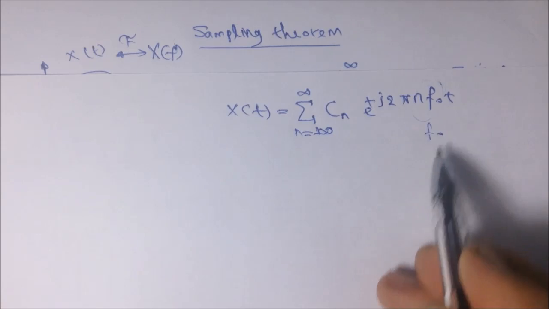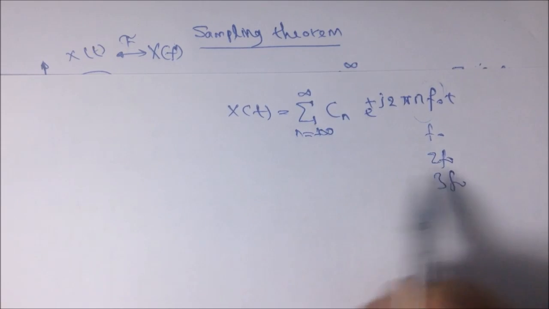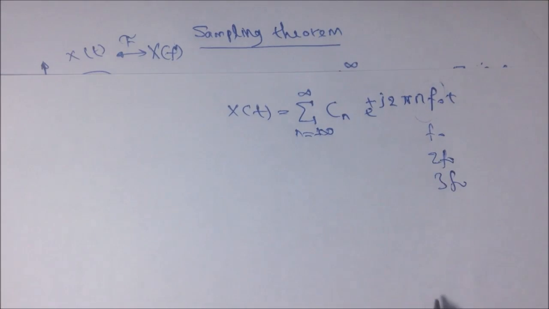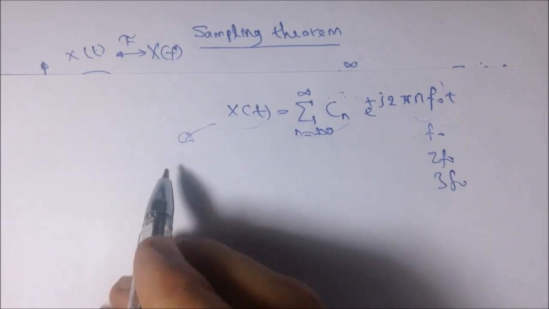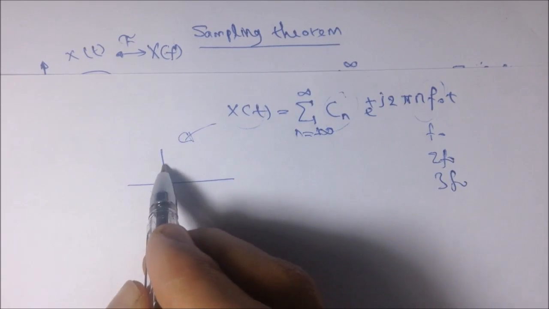That's how we get f_0, 2f_0, 3f_0, and we add up all these sinusoids, each one with a different magnitude, and we end up with x(t), which is basically some periodic function.